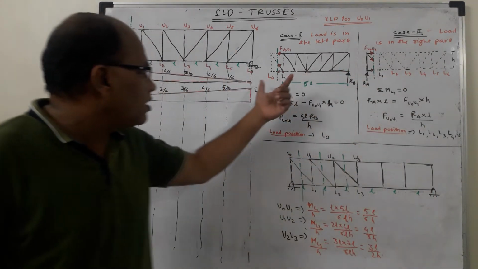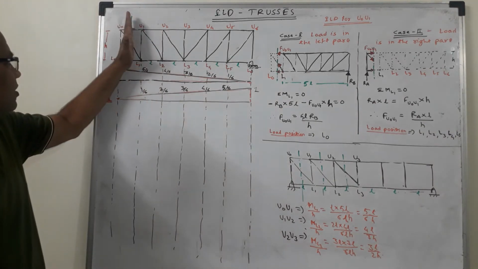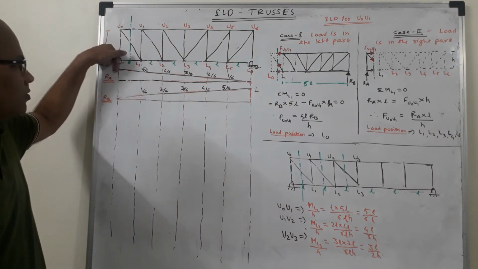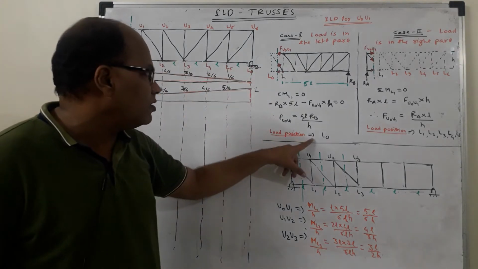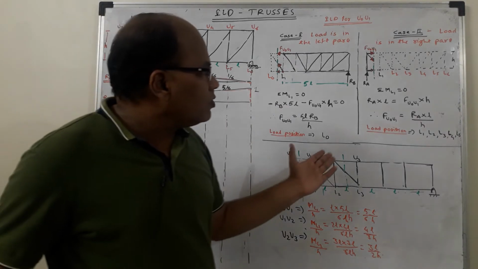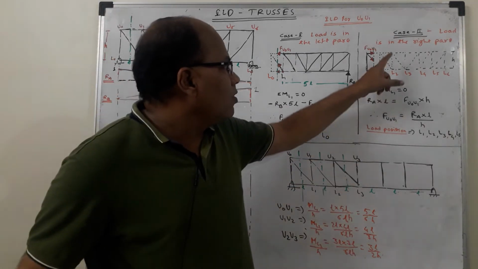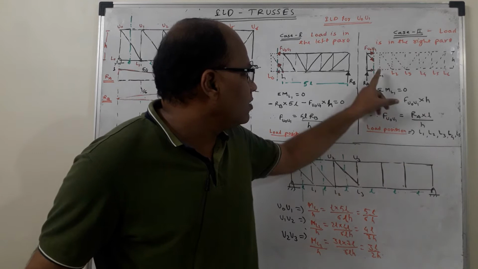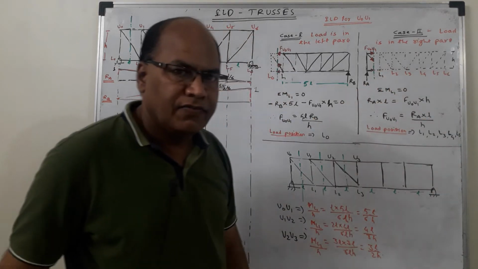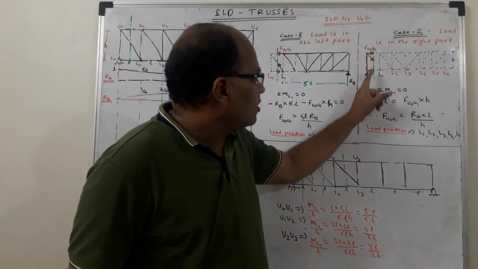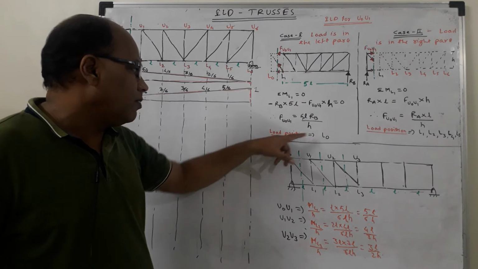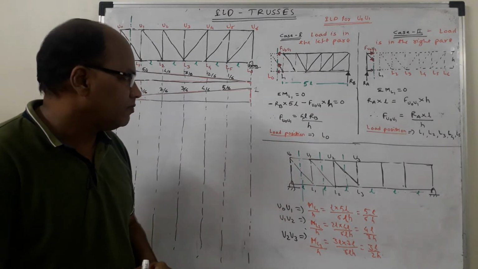When the load is to the left of this section, the only possible position for the unit load is L0. Now when the load moves to the right part, the possible load positions are L1, L2, L3, L4, L5, L6. When the load is in the left part, the possible load position is L0.